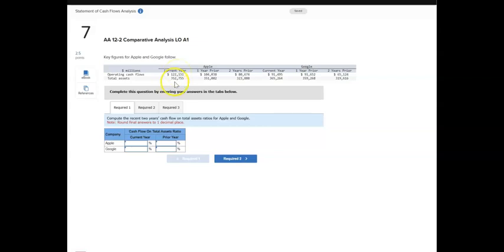So we have to take the current year plus the prior year, come to a subtotal, divide by 2. Okay. And it asks you for the current year, the prior year. So the prior year, we'll take the prior year operating cash flow and divide that by the average total assets. So we take our total assets at the end of the year plus our total assets from the year prior, right?